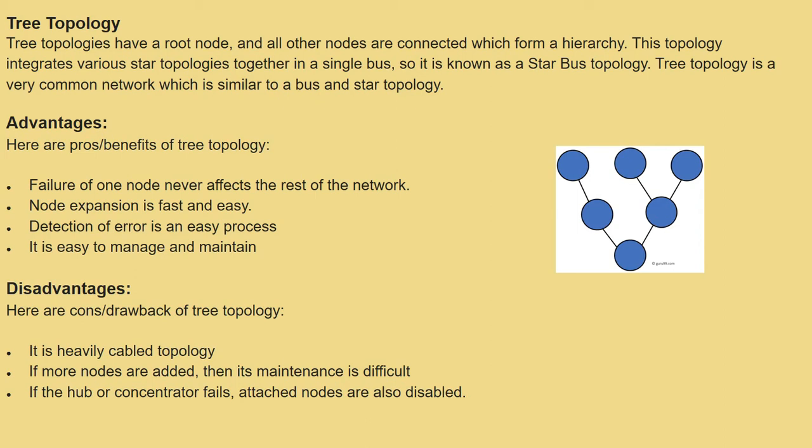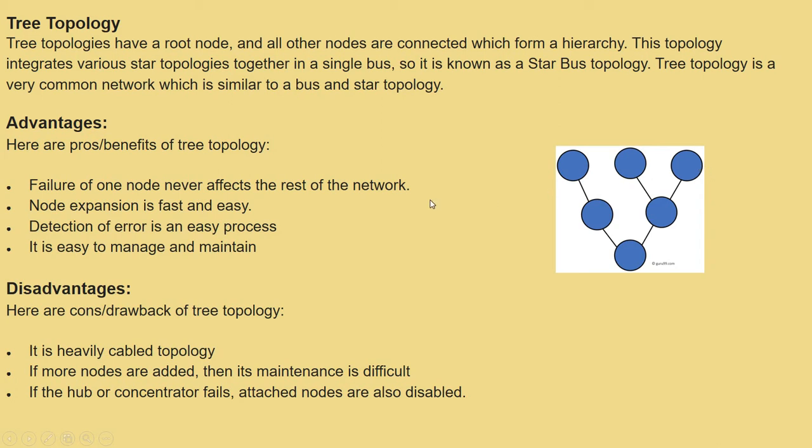Tree topology is a very common network, similar to a bus topology and star topology. It is just like a tree format, a combination of your bus topology and your star topology. See this picture? As per bus and star, the same format is there.